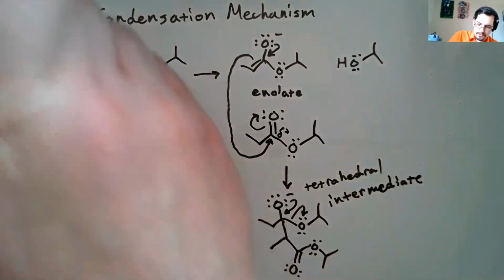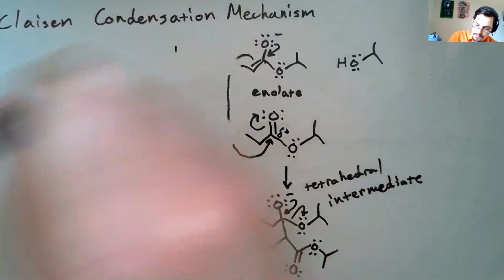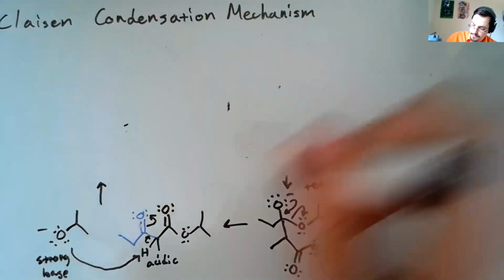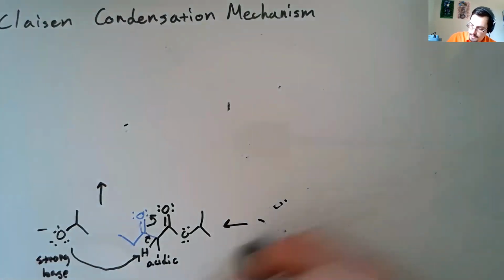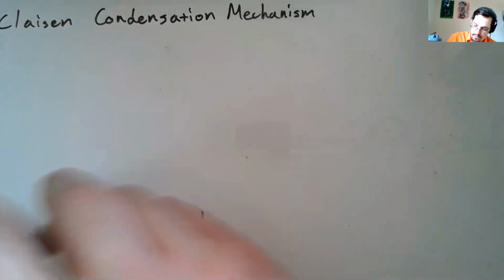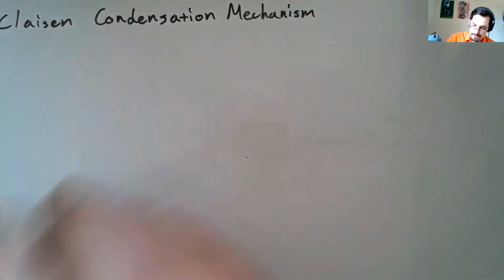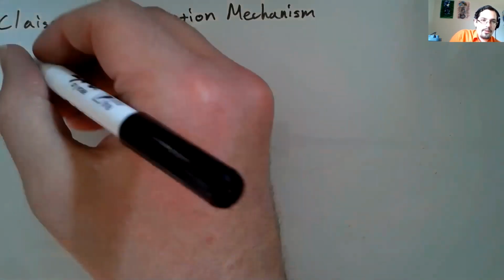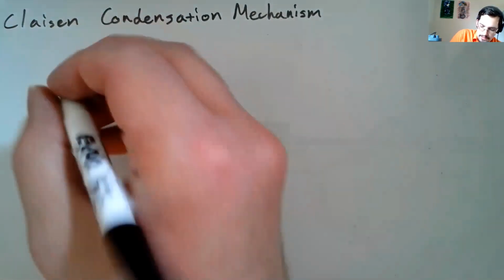So if, for example, we use an ethoxide instead of that isopropoxide that I used to match the alcohol group from our ester, I'll quickly show you what would happen if we didn't match it.